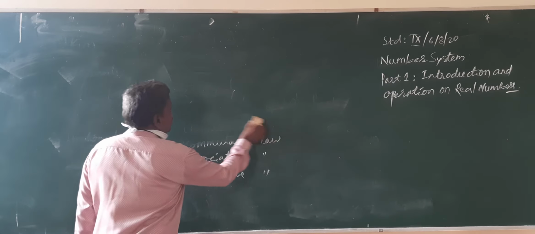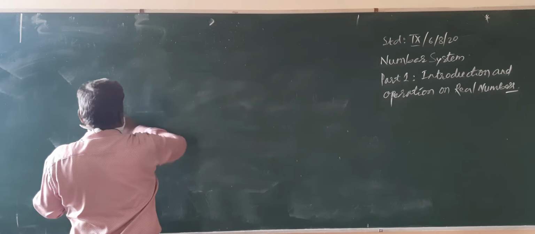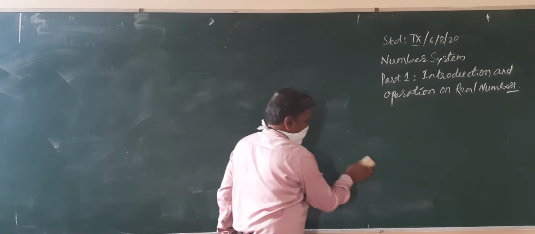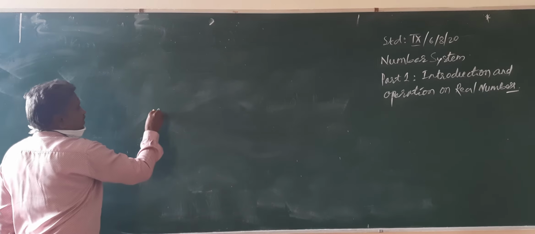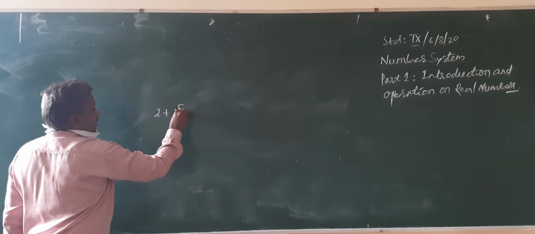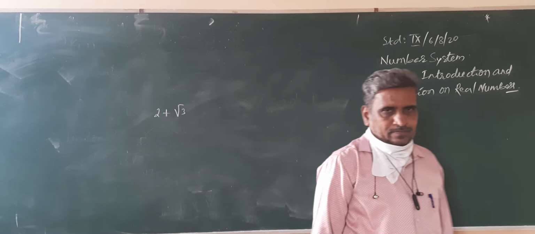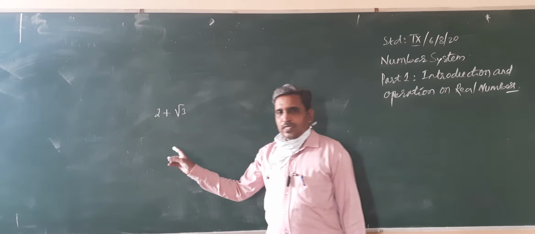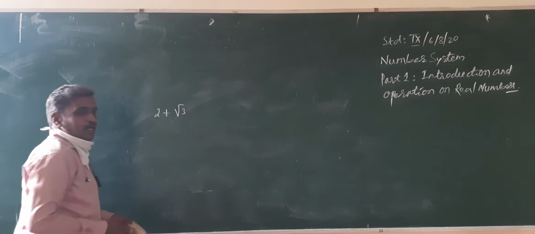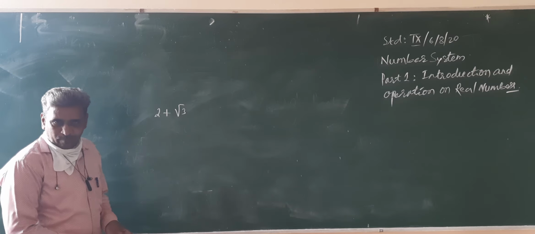Just for example, is 2 plus root 3 rational or irrational? The question is 2 plus root 3. 2 is a rational number, root 3 is an irrational number.